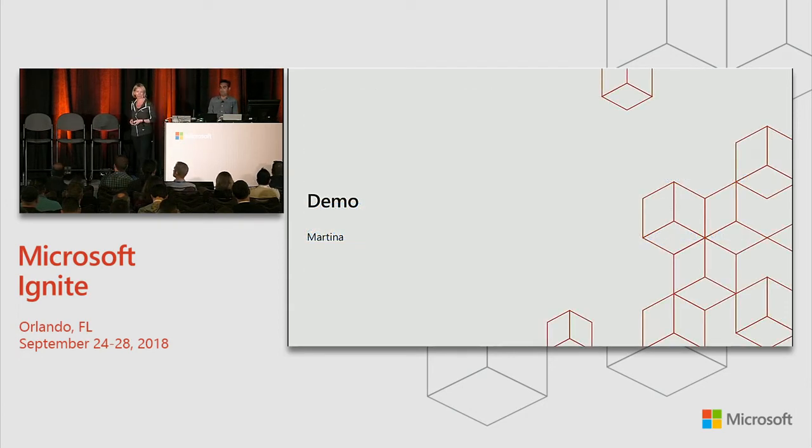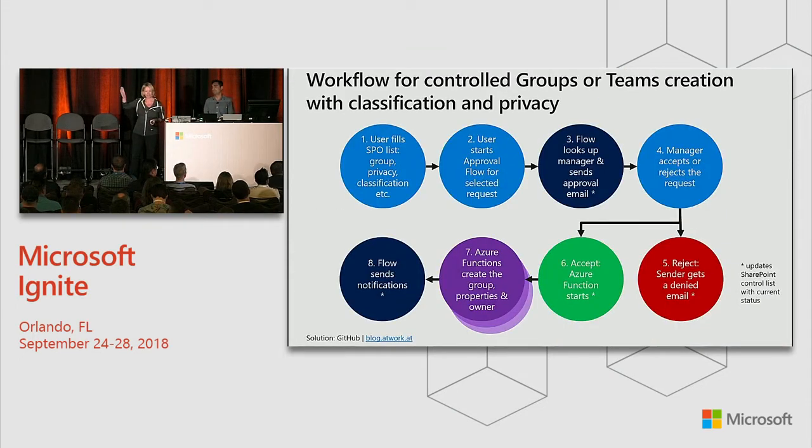So let's jump into the first demo, and I will show you a workflow. Those who know me or some of my sessions might have seen that picture again, because we did that for the first time last year at Ignite, and we showed how a group creation workflow can work.